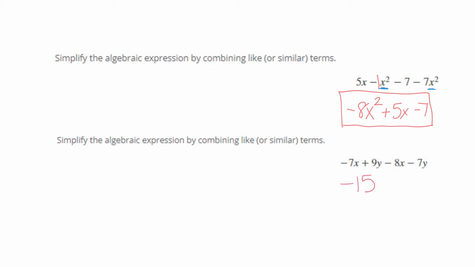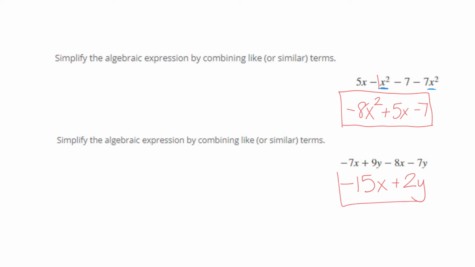I have a negative 15x. Now let's try it with the y's. I have a positive 9 and a negative 7. So a positive 9 and a negative 7. I have more positives. I have 2 more positives. All right, so it's going to be a plus 2, and the variable part is just a y.